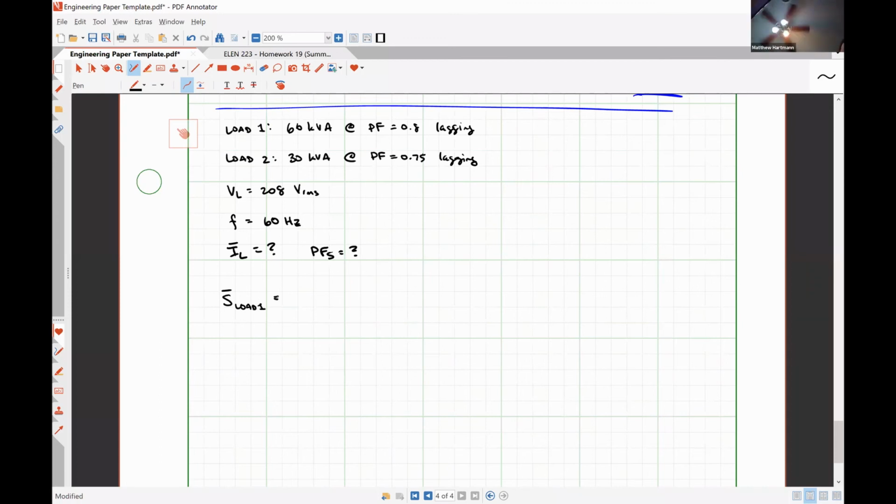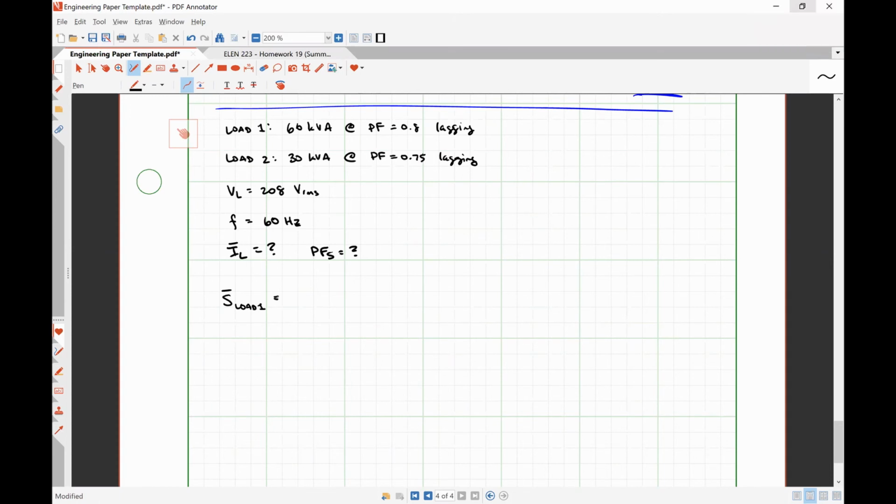Sure. We're told it's absorbing 60 kVA. So what quantity is kVA? Is that apparent power, average power, or reactive power? That's apparent power.